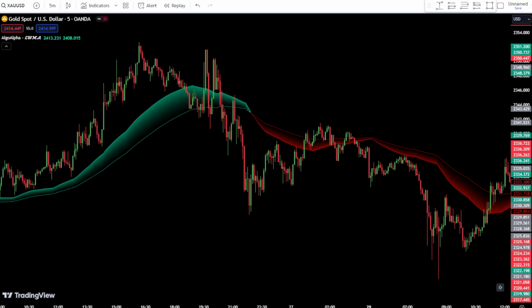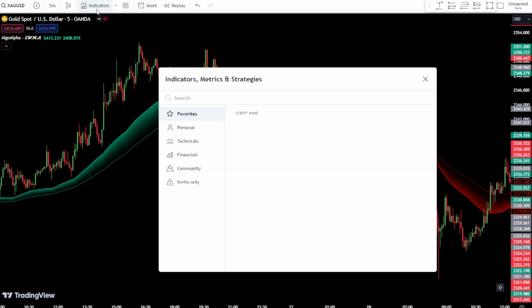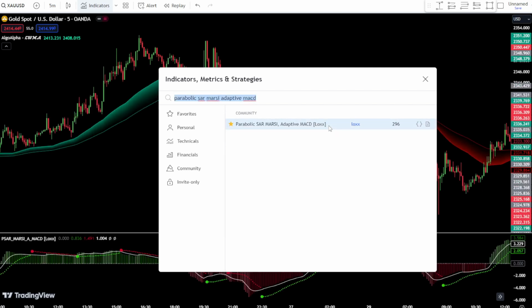Now we will add one more indicator that will be used as a guide to place orders in the market. Go to the Indicators tab, then type in Parabolic SAR MACD Adaptive MACD. Then select Parabolic SAR MACD Adaptive MACD by Loxx.